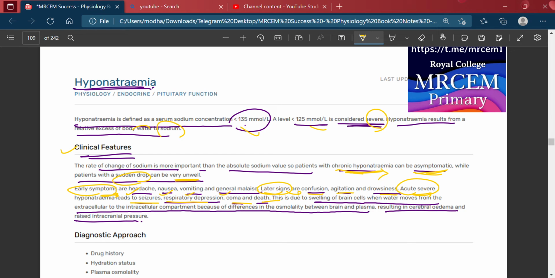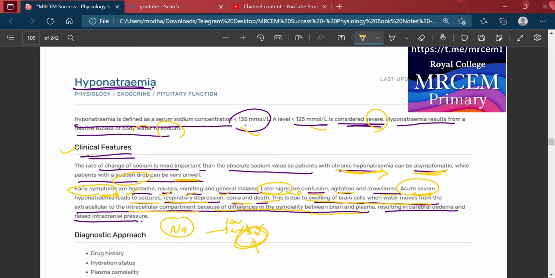This is due to swelling of brain cells. Due to the hyponatremia, the sodium in the extracellular compartment will be low, so to compensate, the water from outside will go to the inside of the cells, into the intracellular compartment, because of the difference in osmolality between the brain and the plasma.